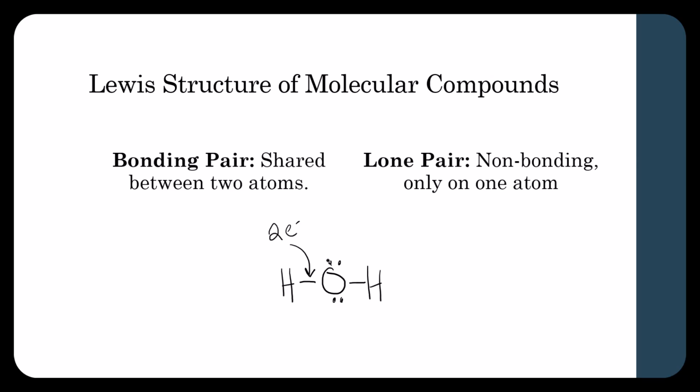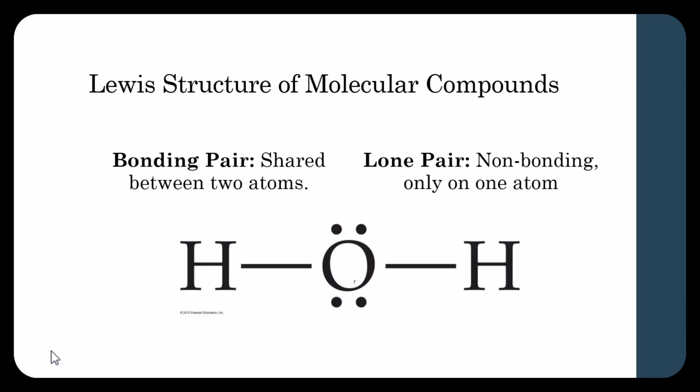So as I'm counting electrons, I would count 1, 2, 3, 4, 5, 6, 7, 8. So each line is worth 2 electrons. So here's just kind of a way that we represent that in digital format instead of my handwriting.